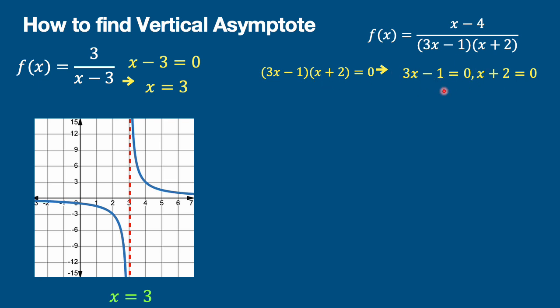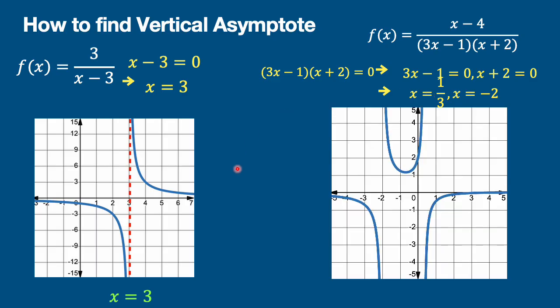Solving these linear equations, x equals 1 over 3 and x equals negative 2. Those are the vertical asymptote lines. At the same time, you have to exclude these points from the domain.